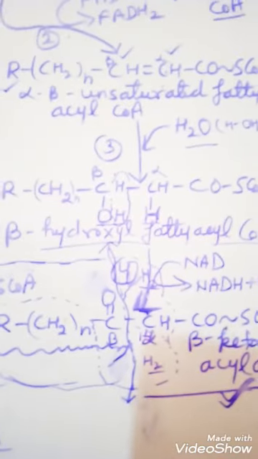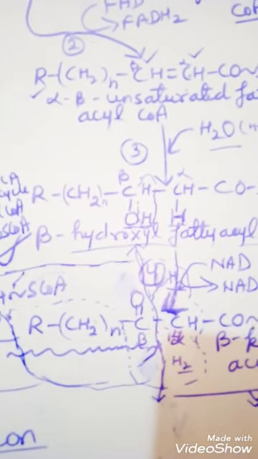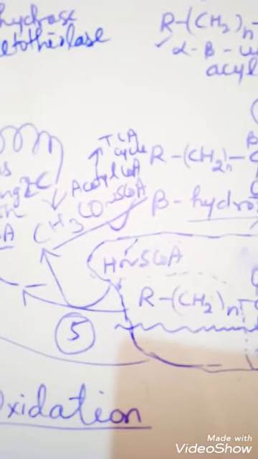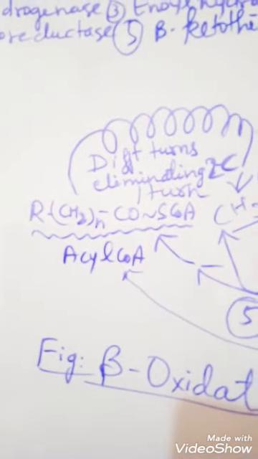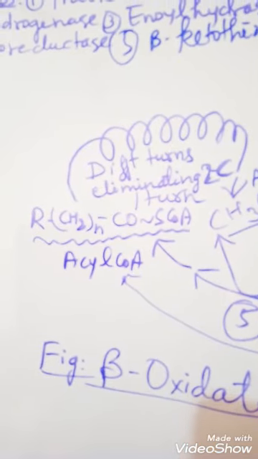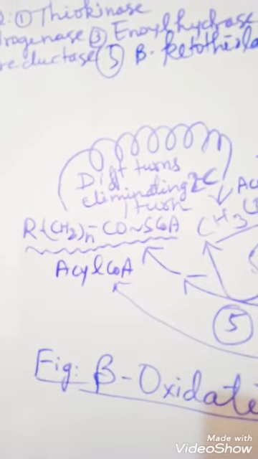After step 4, we have the event of cleavage, where this entire structure is converted into a fatty acyl coenzyme A derivative plus acetyl coenzyme A, and this fatty acyl coenzyme A has a chain two carbons shorter.